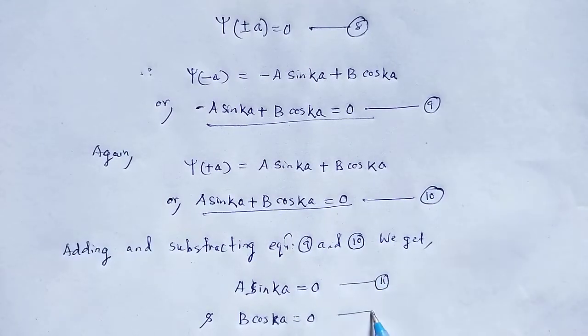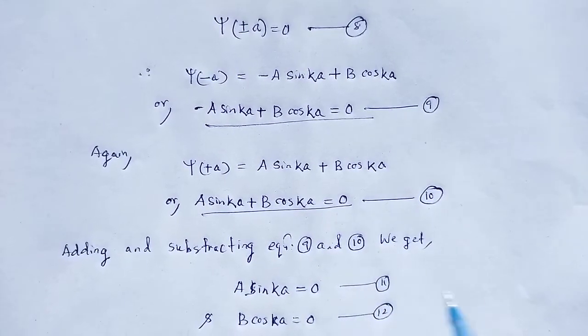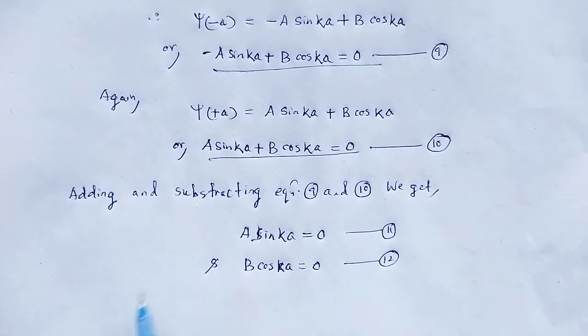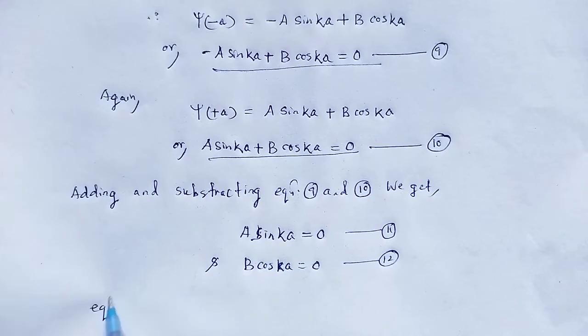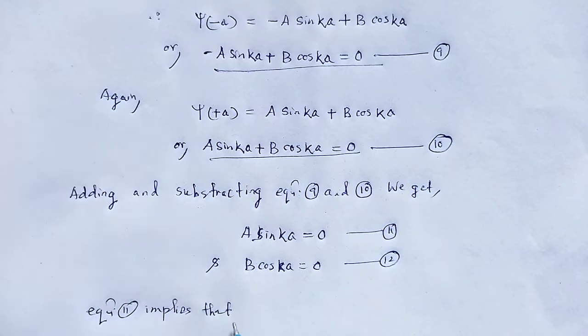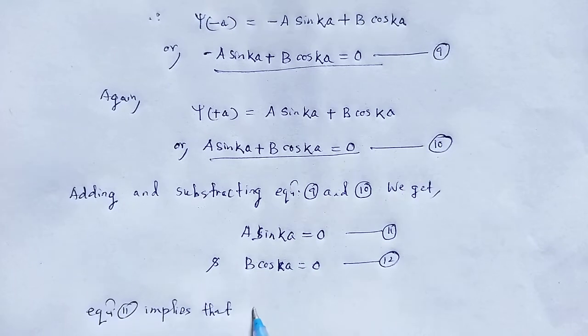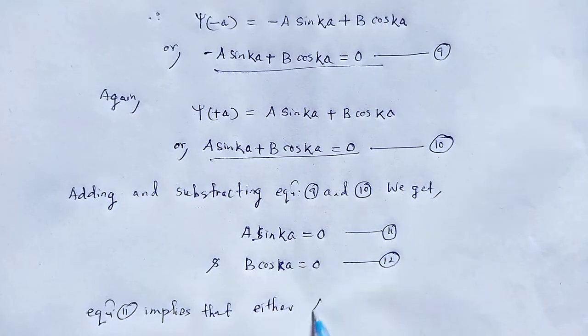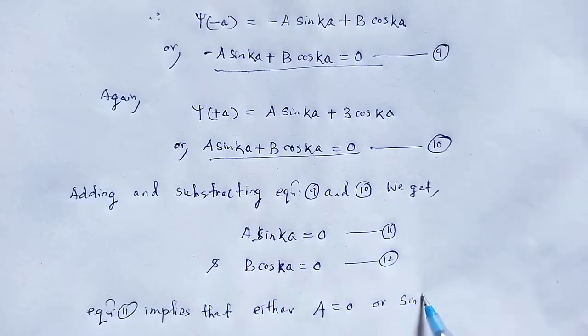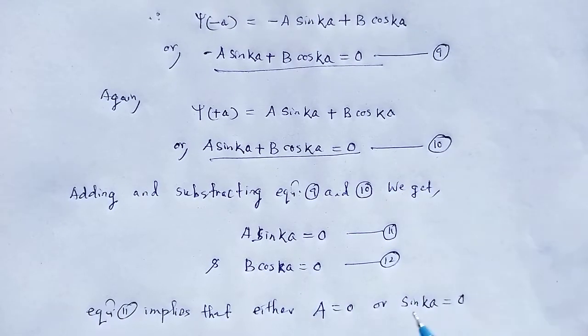That is equation number 11, that is equation number 12. Now equation 11 implies that either a is equal to 0 or sin ka is equal to 0.